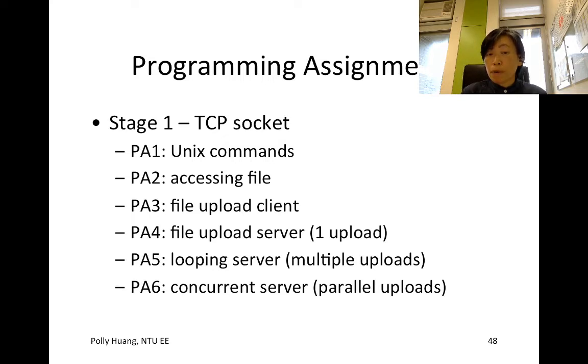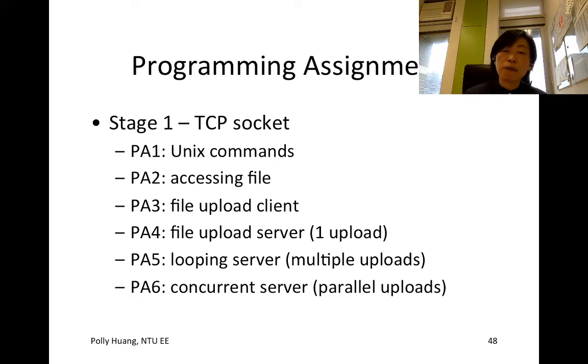In PA4, well, you switch roles. Now you have the file upload client, and you implement a file upload server. What it does is accept messages coming from your file upload client and store them as a physical file on the remote machine. All right?